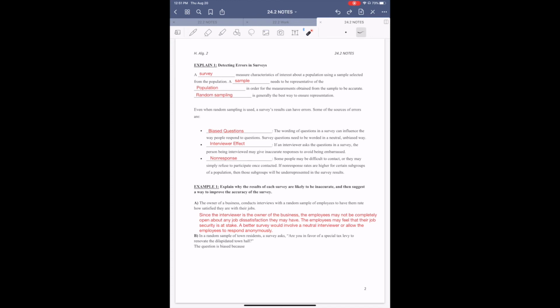When it comes to cases like this, being pressured into answering that you like your job or that you're satisfied with your job, especially by the owner, is likely to produce a false response, right? You are not going to sit there and tell your boss that you hate your job, because they will think of you as an inadequate employee.